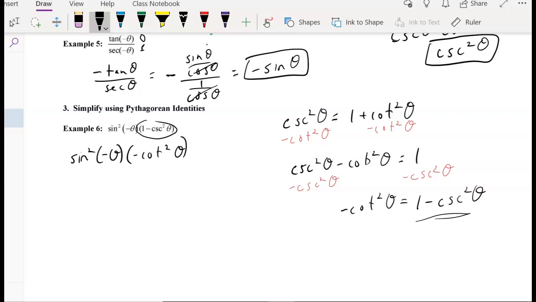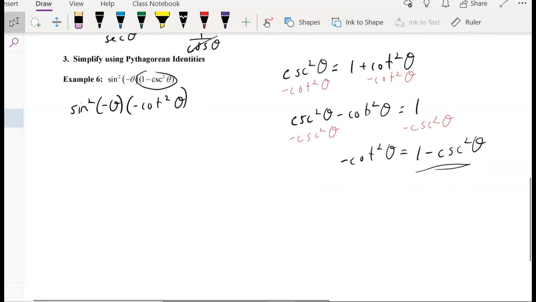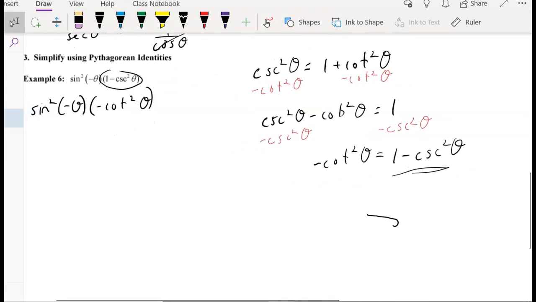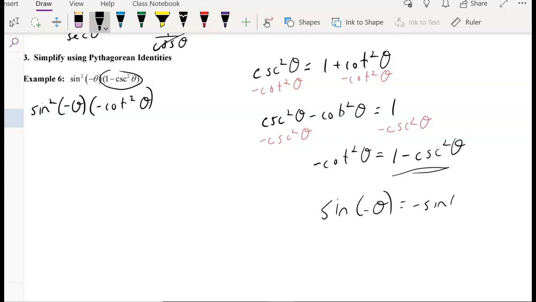Okay, now this sine squared, now we know that the sine is odd, and just another little side thought here, we know that the sine of negative theta is equal to the opposite of the sine of theta.